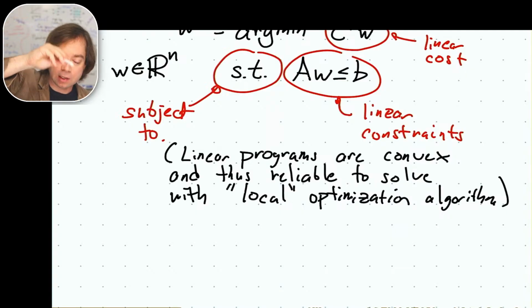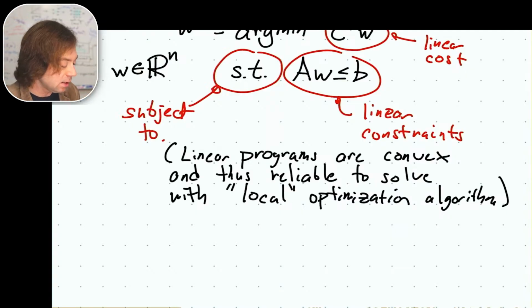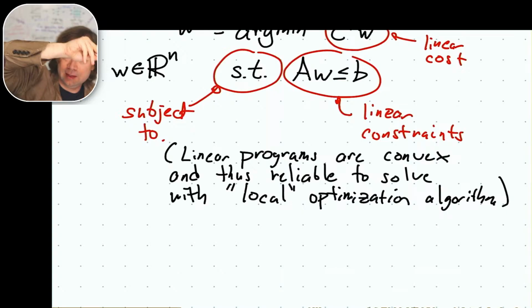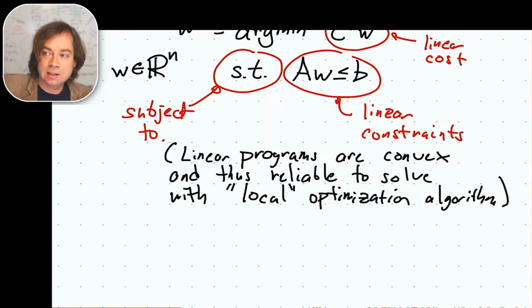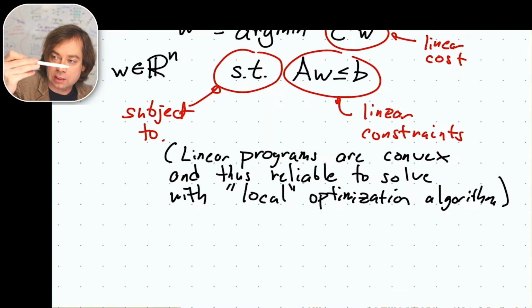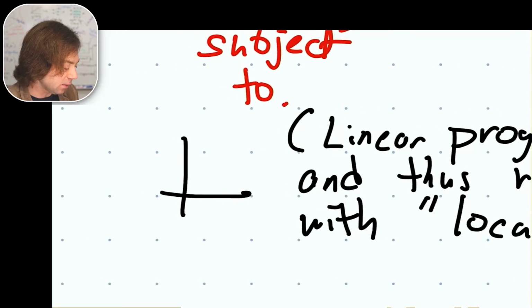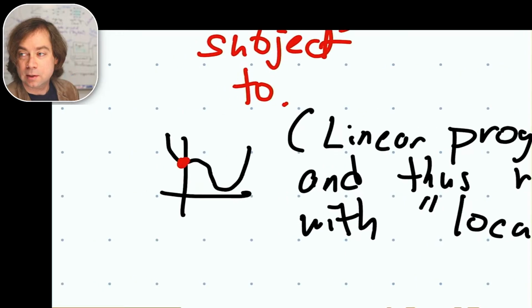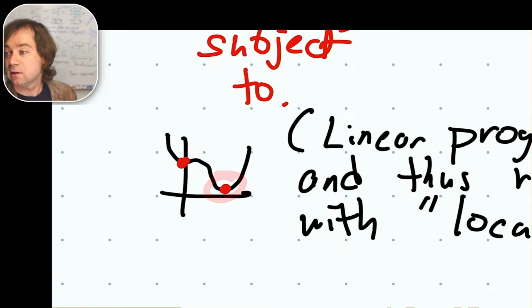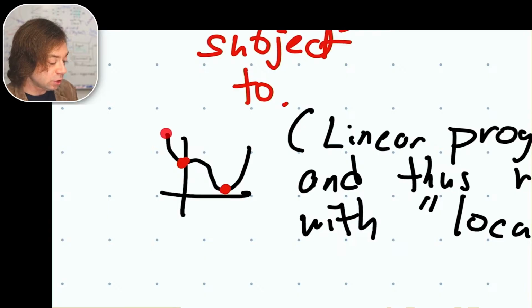If you have a cost function that has a bunch of wavy curves in it, you're just trying to descend the curve until you hit the bottom. Recall that this here is a local minima. This is also a local minima, but this is the global minima, right?